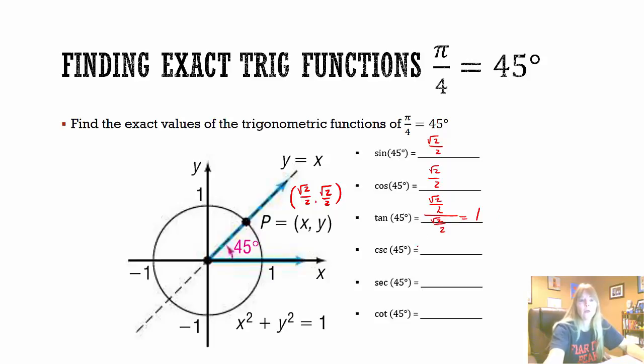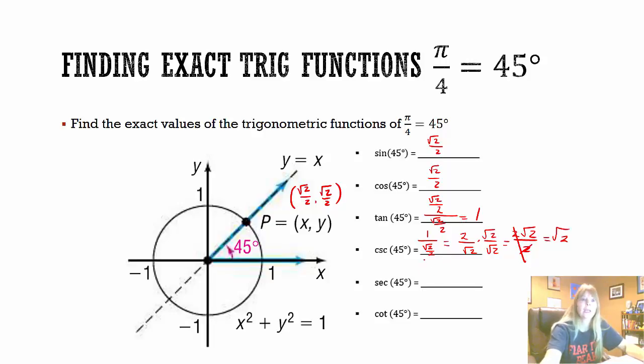The cosecant is 1 over y. And so that becomes 2 over the square root of 2, because I brought the square root of 2 up. And then I rationalize the denominator, and I get that. And how lovely, the 2s cancel, so I get square root of 2.